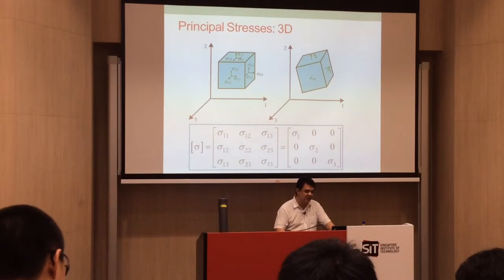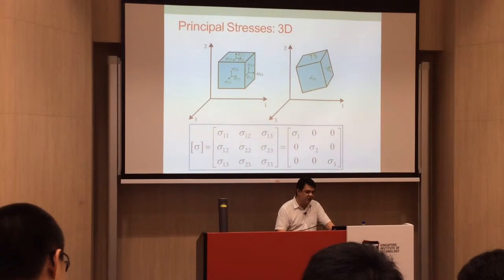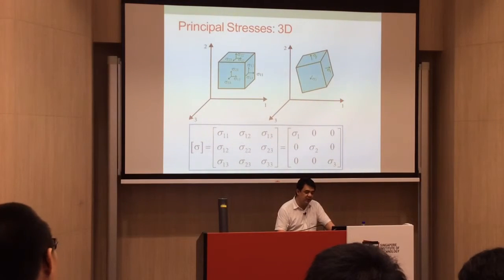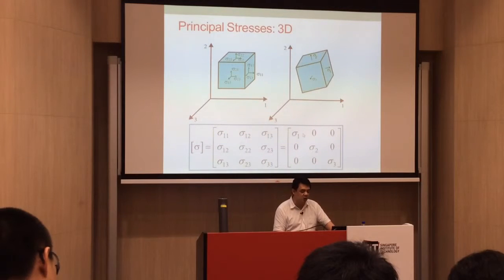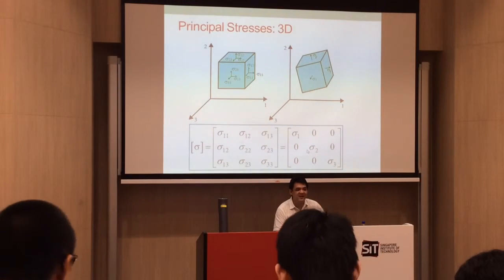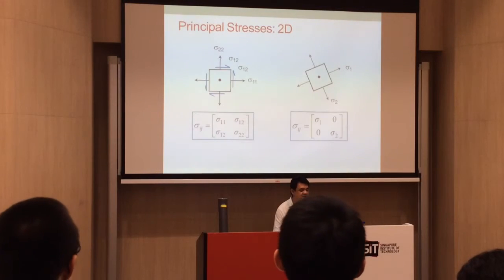Okay, but at the moment, just accept that if you're going to rotate this element, wherein you have 3 normal and 6 shear, you will be able to rotate it in such a way that there will only be 3 normal stresses, and that these 3 normal stresses are called principal stresses. That's the meaning of this one here. Okay?